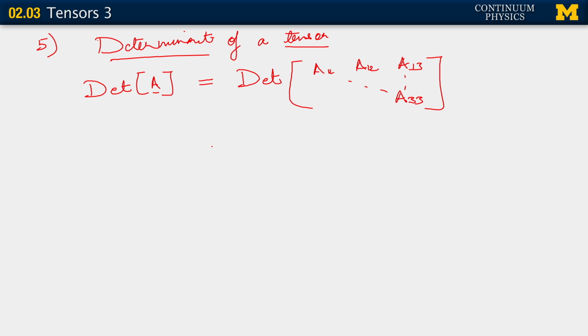The expression for a determinant can be written out in terms of our permutation symbol that we introduced a couple of segments ago, and that relation is the following. The determinant, you may recall, is cubic in the components of the matrix.